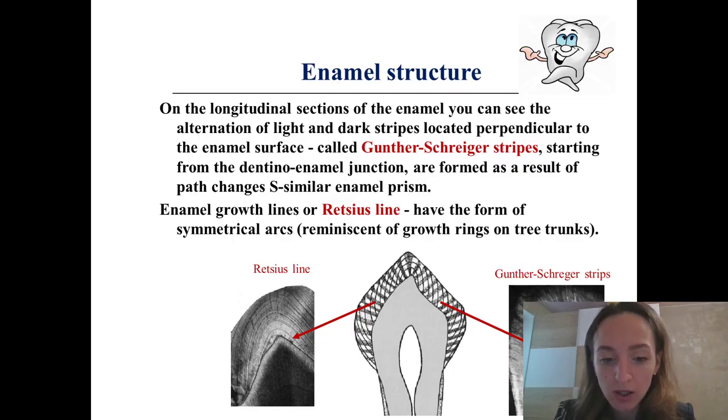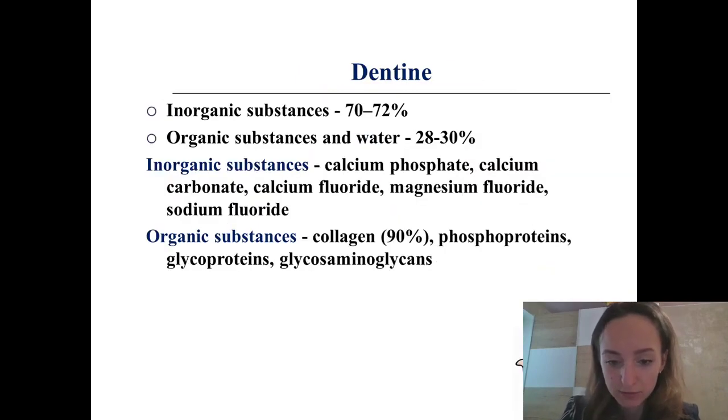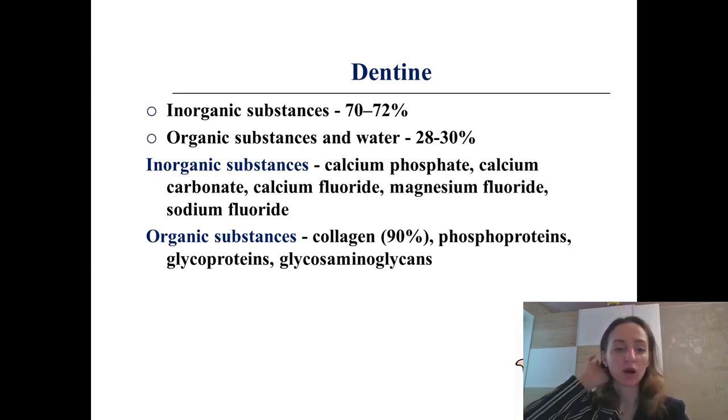Next one, the dentin. Dentin: inorganic substance, we know that it's, for example, 72%. Organic substance and water, 28%. And here you can see examples of inorganic and organic substances.